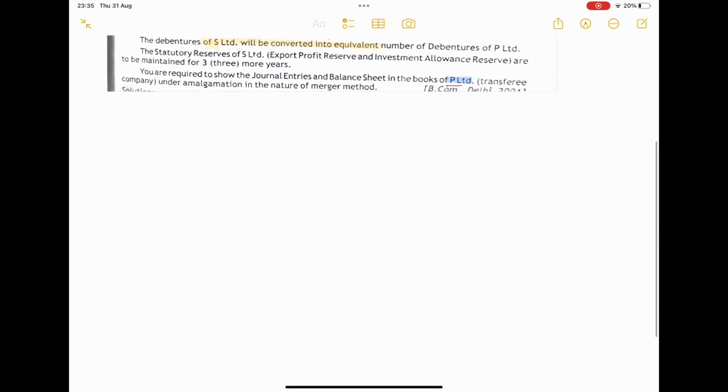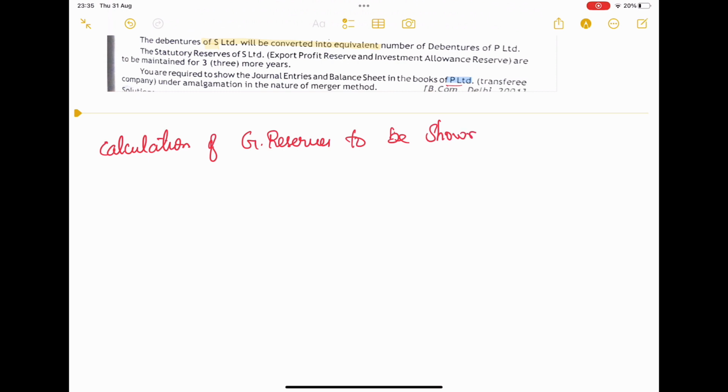So calculation of general reserve to be shown in balance sheet. So in which value I am going to represent it. So we are going to show that.